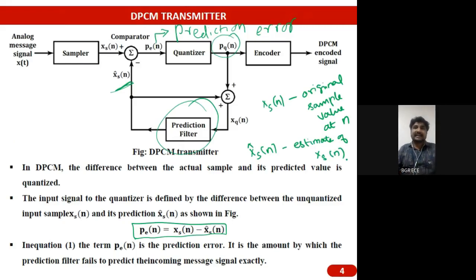And this estimate of xs of n is determined with the help of previous values of the quantizer, that we will see in the next slide.